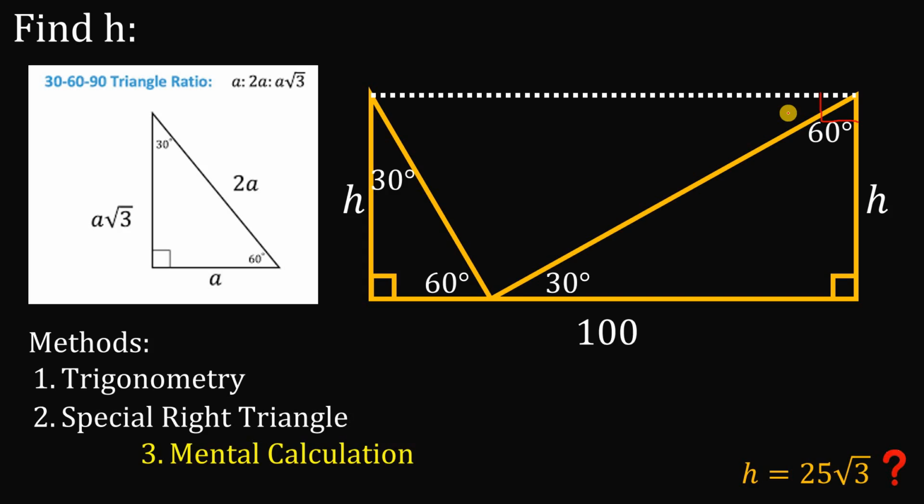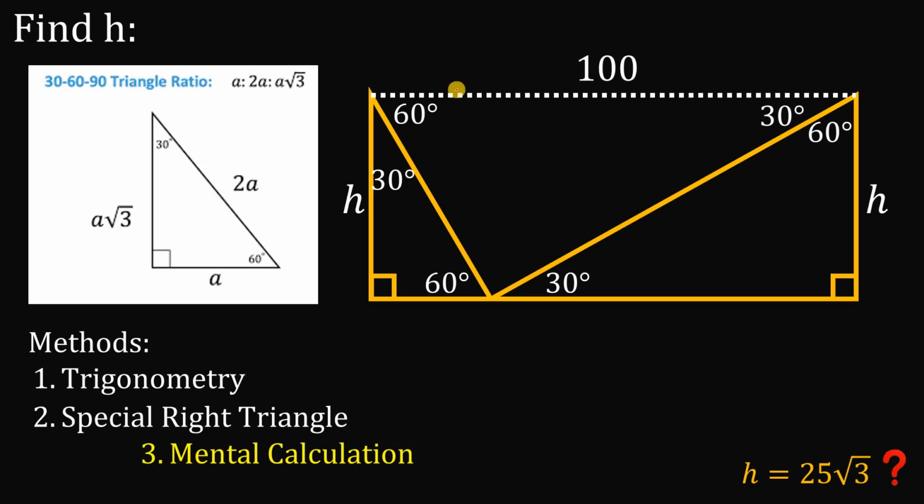So this angle must be equal to 30 degrees. The other angle is 60 degrees because we have here a 90 degrees. Also, since it is a rectangle, the opposite sides are equal, so the length of this white segment must be equal to 100 units also.